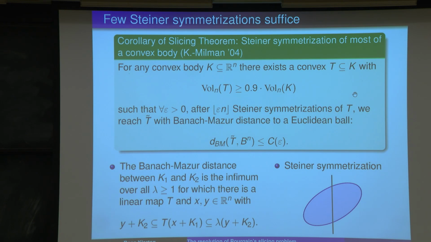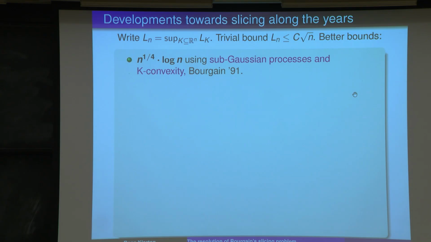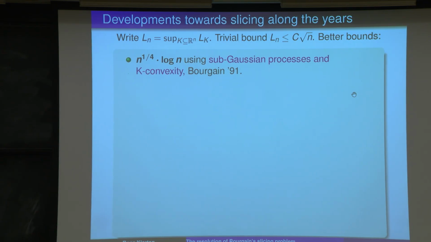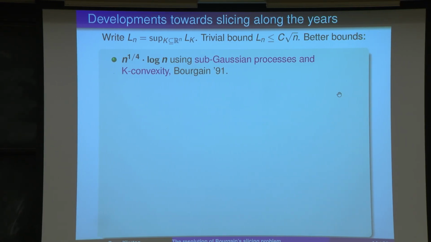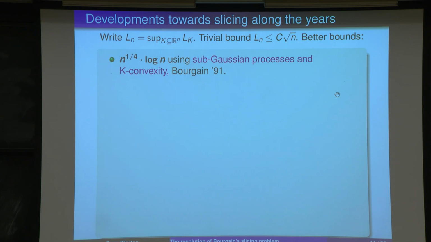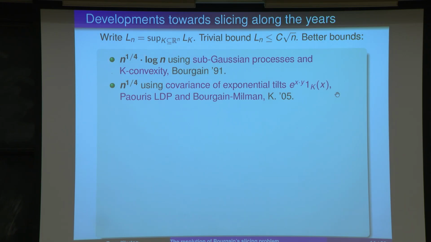Okay, let me skip this. Now, let me tell you about the history of the slicing problem. As I told you, the relatively trivial upper bound is root of n. Bourgain did n to the quarter log n, and for this used Talagrand's majority measure, sub-Gaussian processes, and K-convexity of Pisier, which is really a gem of local theory of Banach spaces.